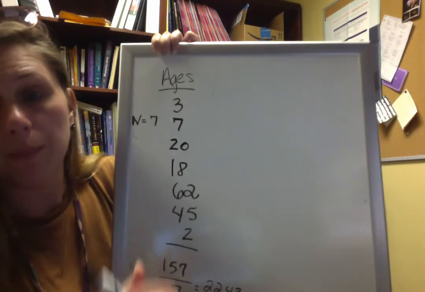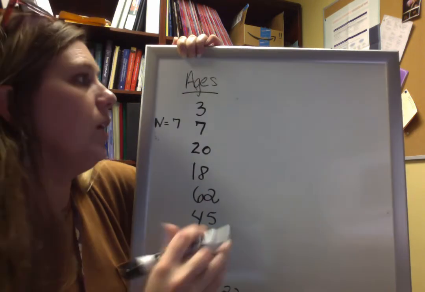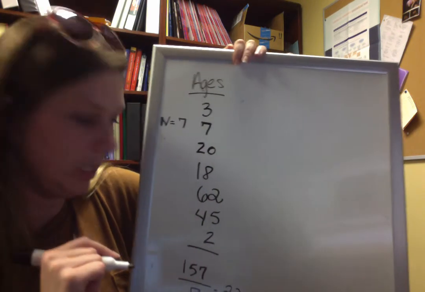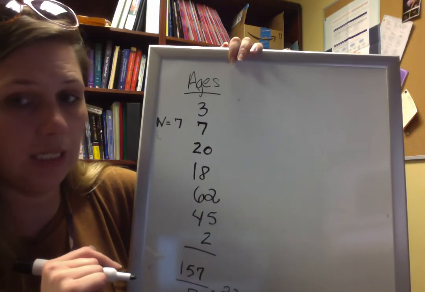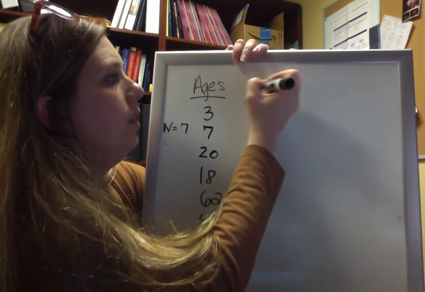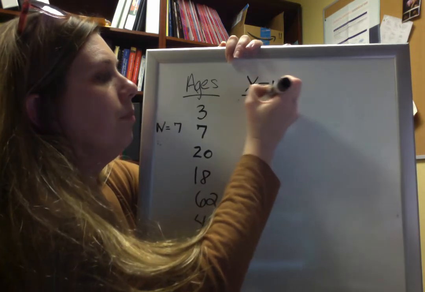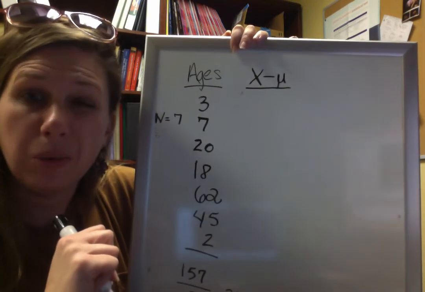All right, so I'm moving on now to try to get towards my variance and my standard deviation. The very first thing I need to do is start working on these deviation scores. So I'm going to put x minus mu, just because it's going to make sense in terms of the formula that we're using.